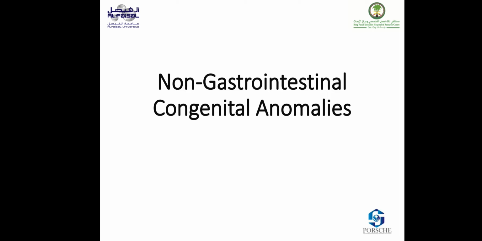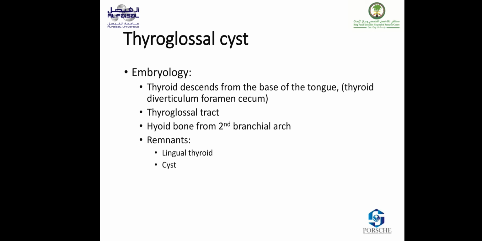The thyroglossus cyst is always understood in the context of the development of the thyroid gland. The thyroid gland usually develops with the development of the face and the mouth. It descends from the foramen cecum, which is in the mid part of the tongue behind, between the 2/3 and 1/3, and it goes down in front of the neck.